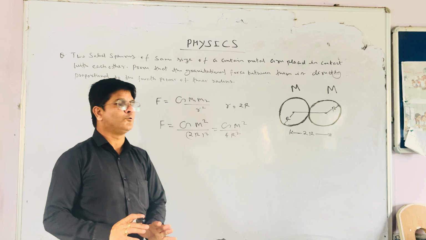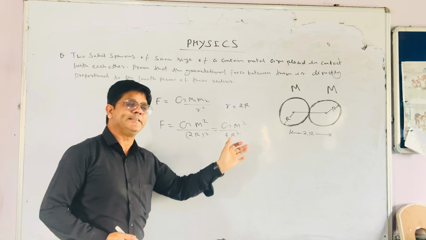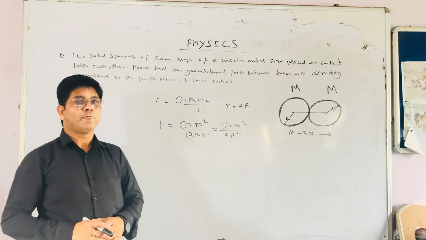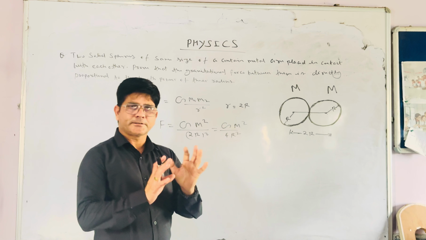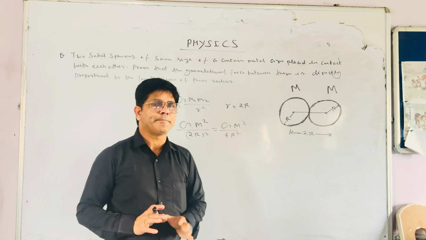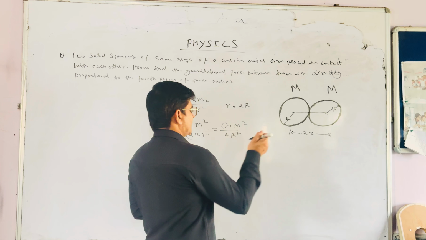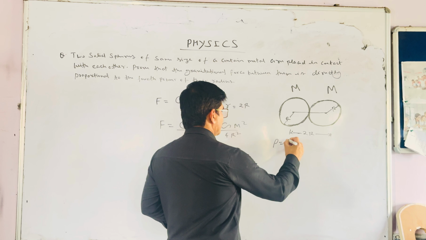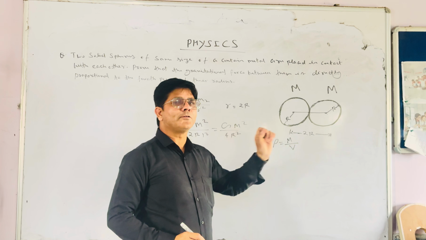But we have to prove the force is directly proportional to the fourth power of the radius. So what we have to do? We already know that if both the spheres are of the same material, and their density is rho, the density is always given by mass upon volume.